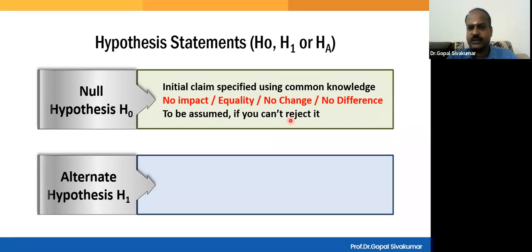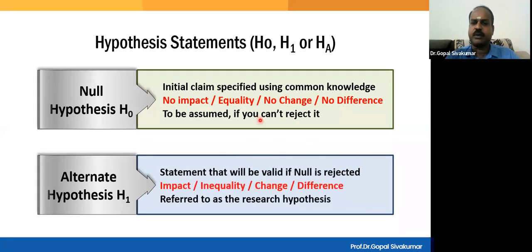If somebody says all the 10 machines are performing at the same level, we generally accept it, isn't it? Because they're all of the same make and the same model, and so the performance should be the same. But if somebody comes with some evidence after doing an experimentation, probably you will then reject your belief, and the suspicion about the difference will increase. So these are the ways you can define null hypothesis.